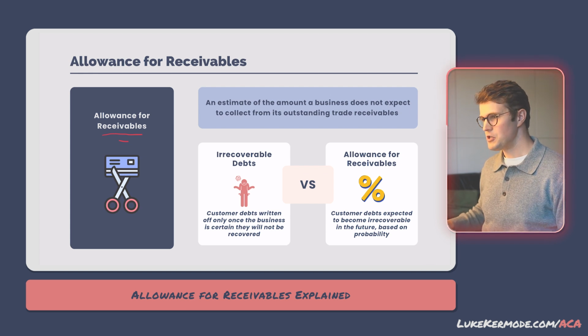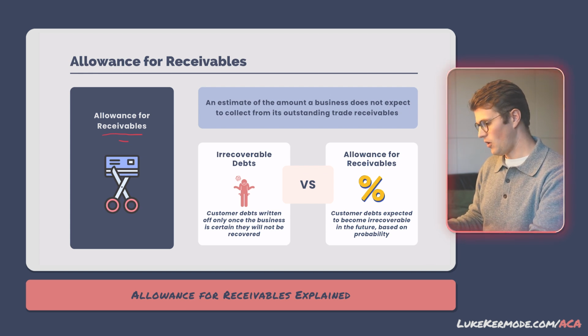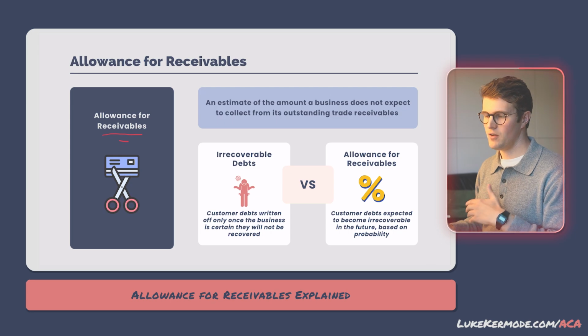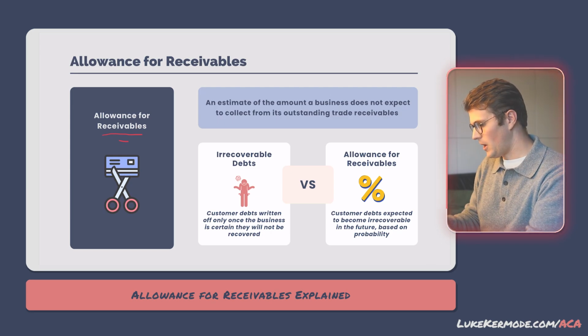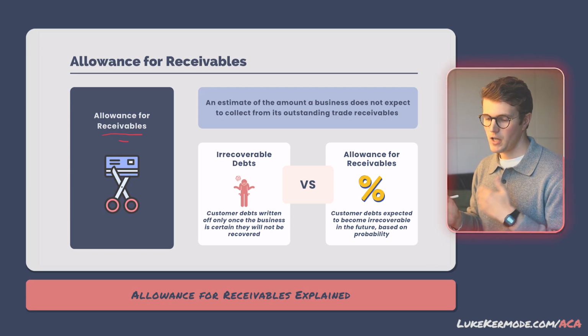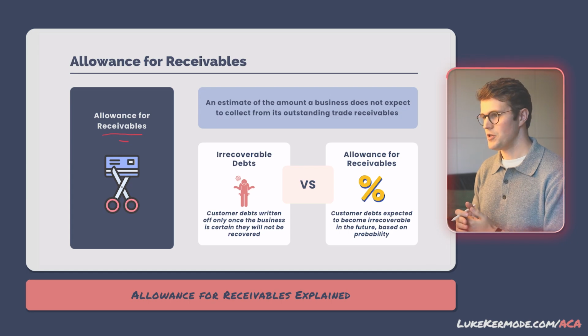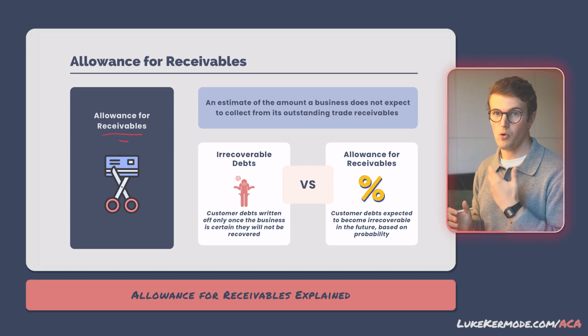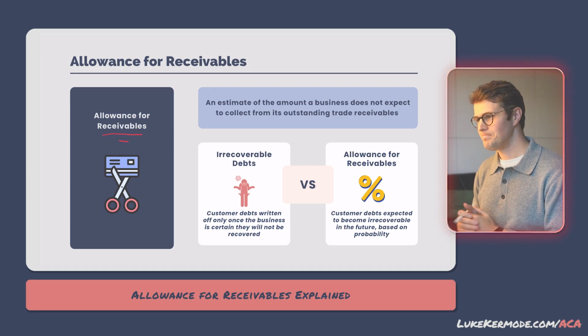So this allowance is usually calculated as a percentage of its trade receivables amount based on past experience, customer history, and other relevant assumptions such as changes in the broader macroeconomic environment.